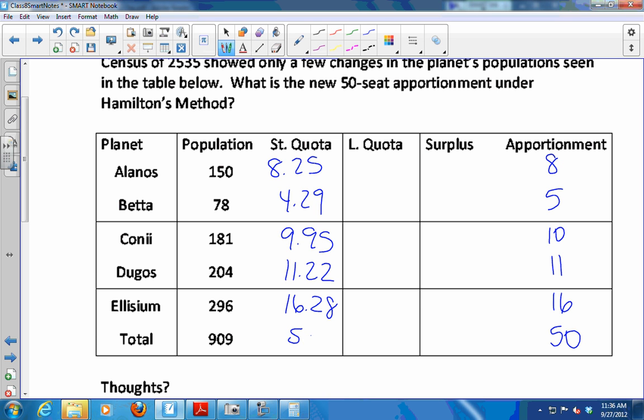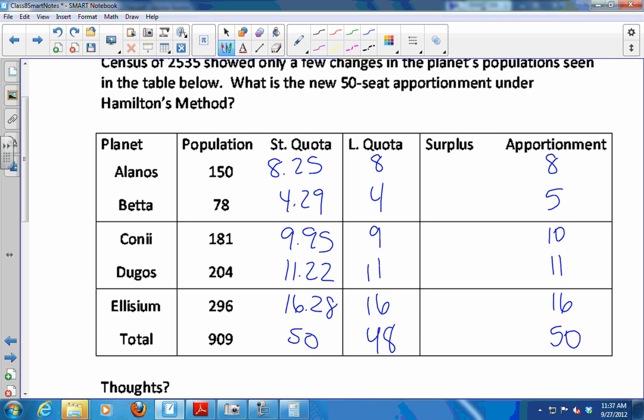So that should add up exactly to our 50. The lower quotas are going to be 8, 4, 9, 11, and 16, which comes to 49. Okay, yeah, 8 plus 4 is 12, plus 9 is 21, 32, 48.